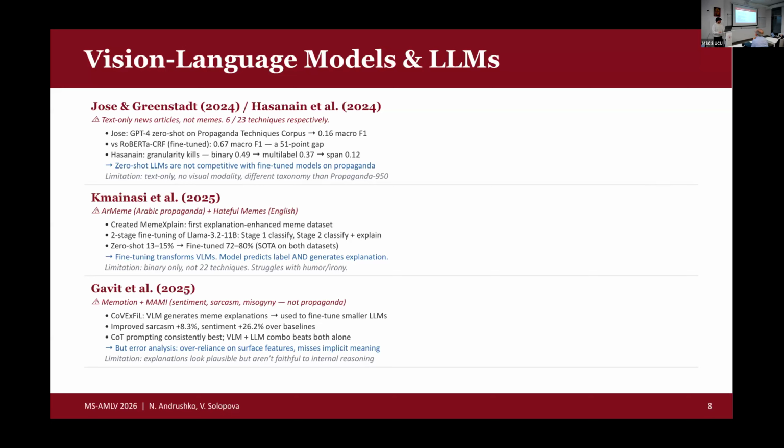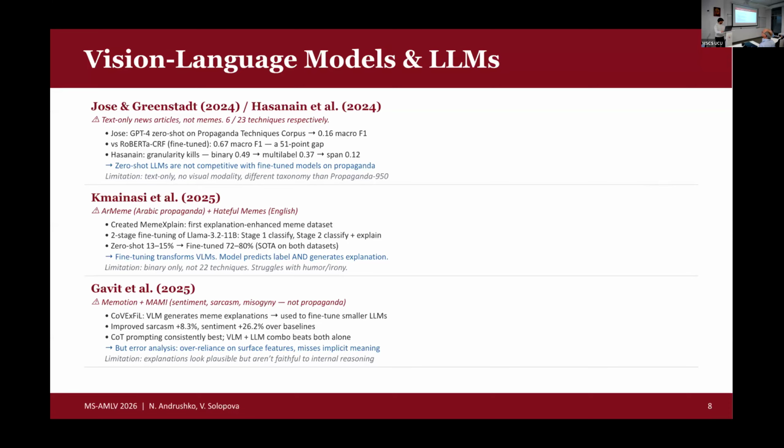Another approach is VLMs and LLMs. So the question is, what if we just throw the meme at the LLM and ask it directly, okay, what is it? The first one that I want to mention here is by Jose. This is not directly related to memes, but I had to acknowledge this research.